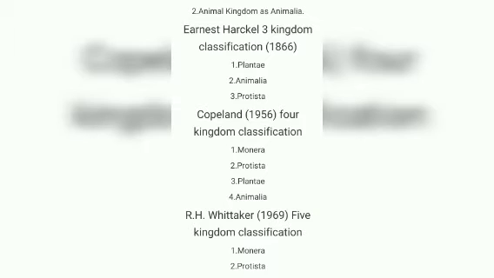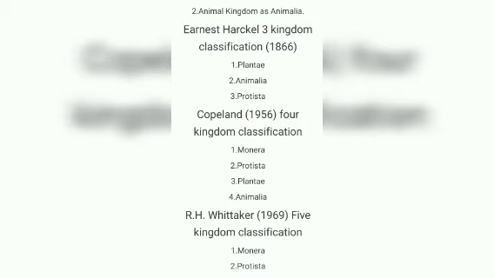And then Copeland in 1956 divided the kingdom of life into four categories, that is Monera, Protista, Plantae and Animalia. And then the most recent one is the five kingdom classification of R.H. Whittaker in 1969, and he is an American taxonomist.